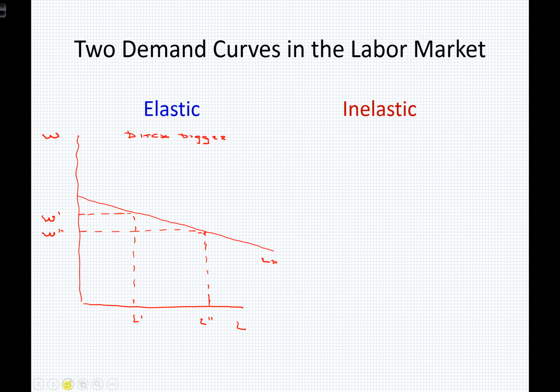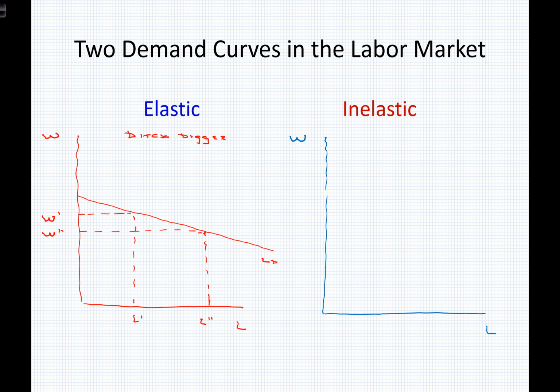Let's contrast that for a moment with maybe something that we would agree would be inelastic, and then we'll talk about them a little bit further. I would think in the labor market that a brain surgeon probably is a pretty highly skilled individual and probably is not very substitutable. I'm pretty sure that if I need a brain surgeon, then I want a brain surgeon. I don't want a ditch digger.